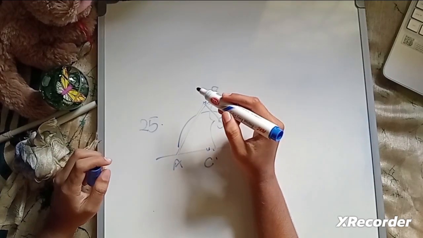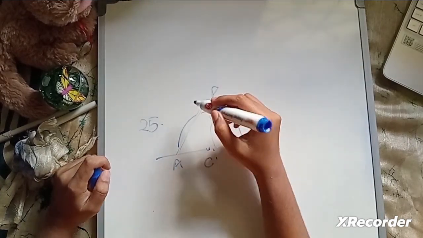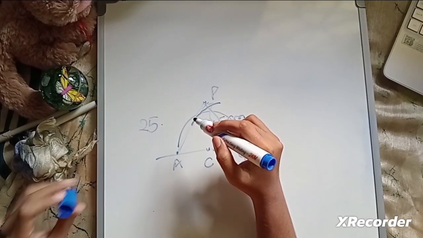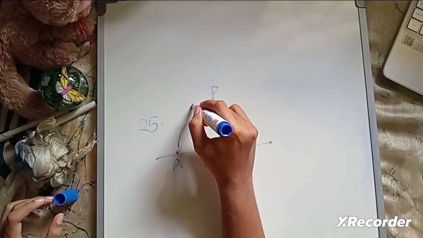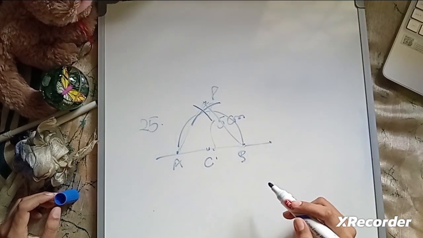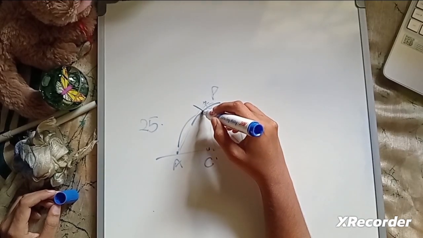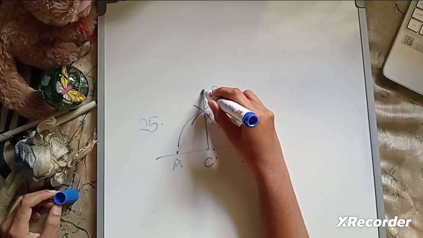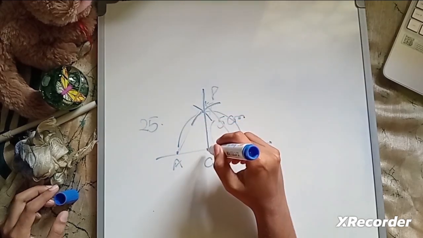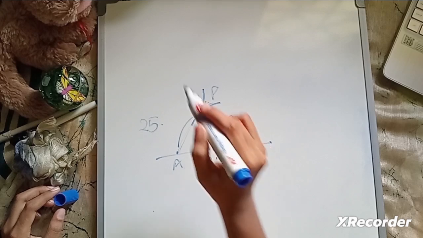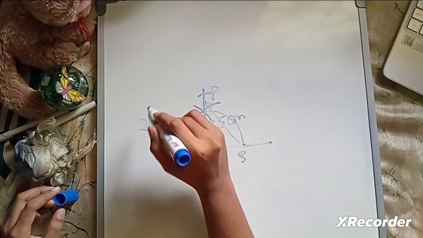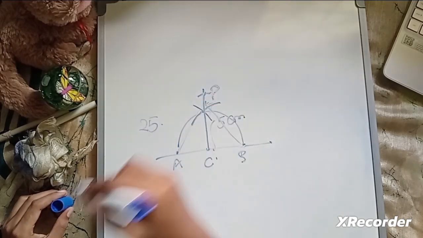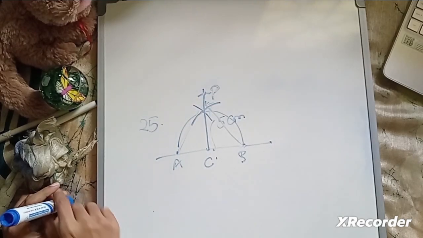To do this, you keep your compass on A and draw an arc, and you do the same thing from point B. Then the point where these two arcs intersect, you can mark. By keeping your compass at C, you can mark the 5 centimeter length. So here is the point P. You have to mark it on your paper.